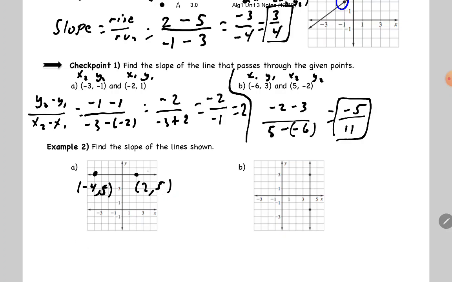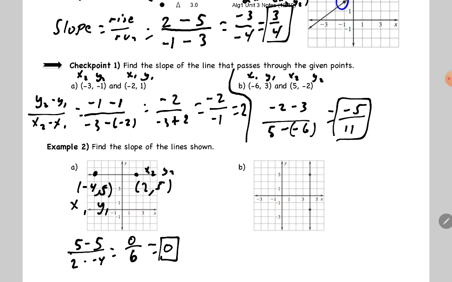If I make this my second coordinate, so x2, y2, x1, y1, and use the formula, I'll have 5 minus 5 up top. And then on the bottom, I'll have 2 minus 4. I get 0 over positive 6, which is 0. The slope of any horizontal line is 0. It's flat.